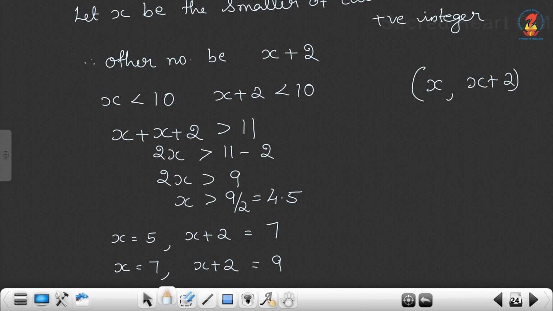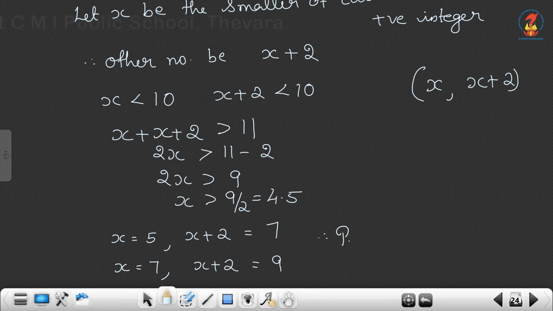Now can I take x is equal to 9? Is it possible? When x is 9, x plus 2 becomes 11. But what is given in the question? X plus 2 is also less than 10. So this third case is not possible. So only these two pairs.